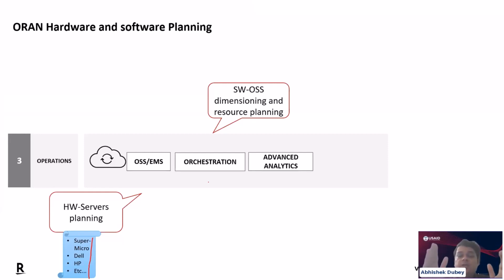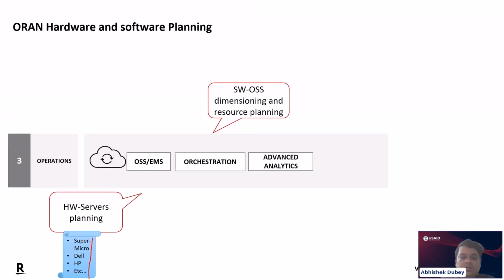The same server can be used to host any application, whether it's an OSS application, an eNodeB application, a core application, or any SON or other third-party application. The same servers can be used.